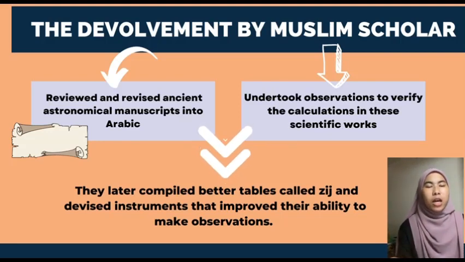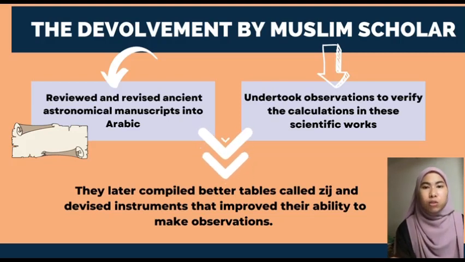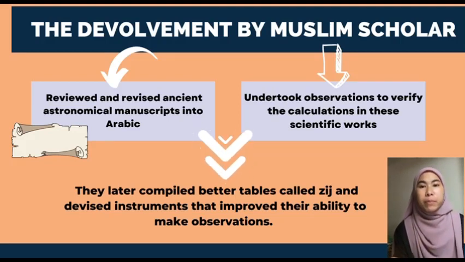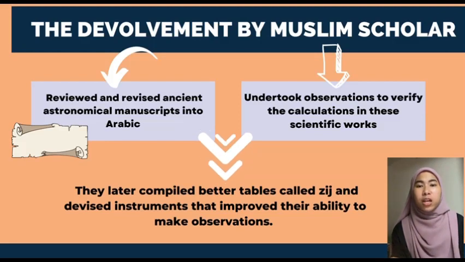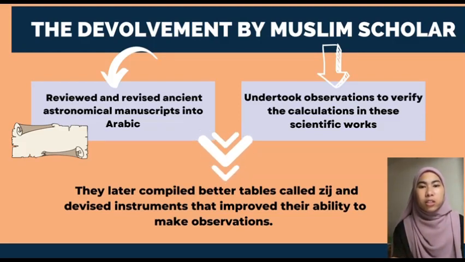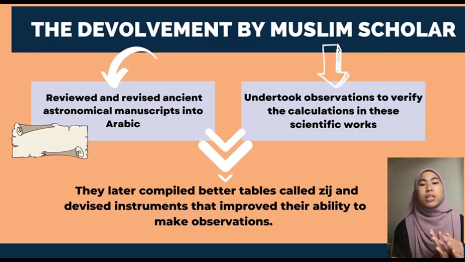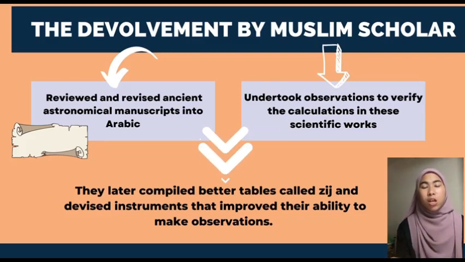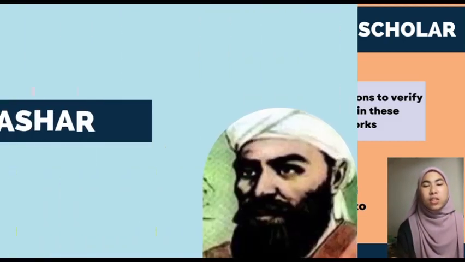They later undertook observations to verify the calculations made by ancient astronomical scholars, and compiled them into a table system which they call Zich. This was to make efficient instruments to improve their observations.